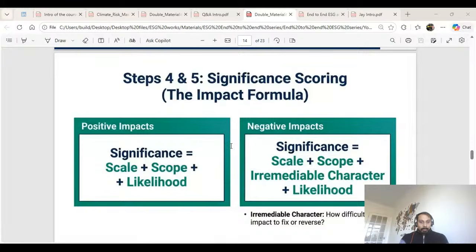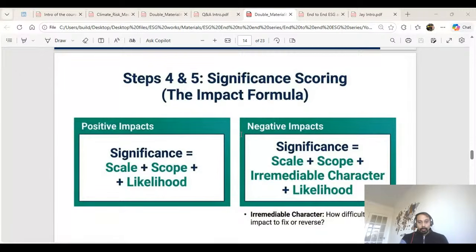For the negative impacts, you have to calculate scale plus scope plus irremediable character plus likelihood. Here, irremediable means, can this harm be reversed? For example, if a flood is coming, is it reversible or not? If not, then it will definitely be a negative impact for your product and your whole operation.